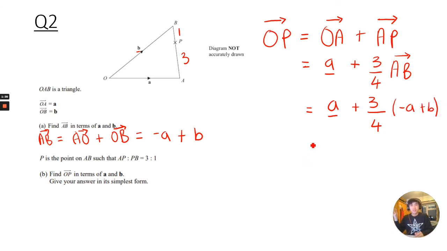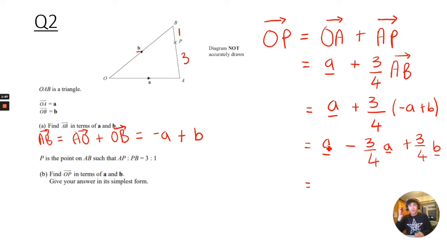So if I expand this out a little bit, I get vector A, take away 3/4 of vector A, plus 3/4 of B. These are underlined just to show that they are vectors and not the actual vertices.